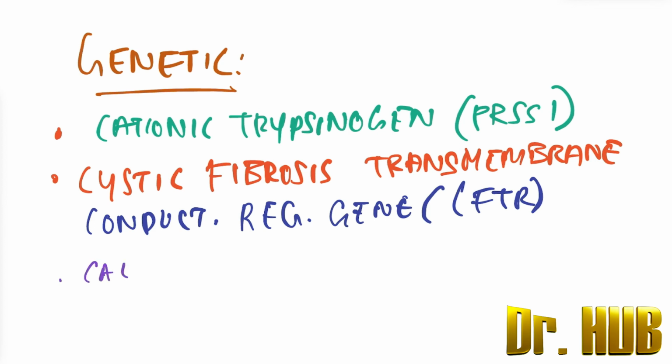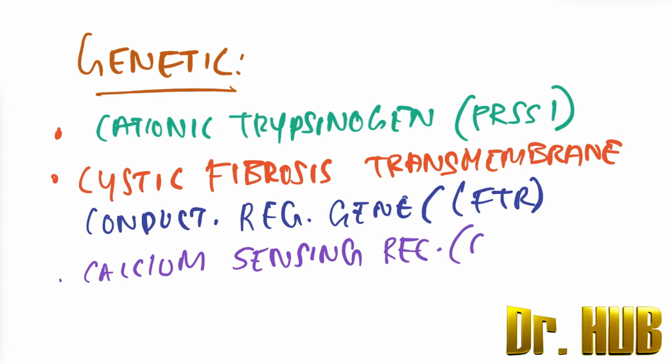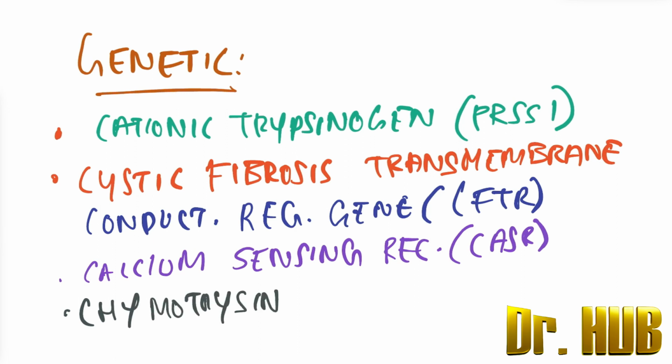Then comes the calcium-sensing receptor, which is nothing but CASR. Next is chymotrypsin C gene, the CTRC.